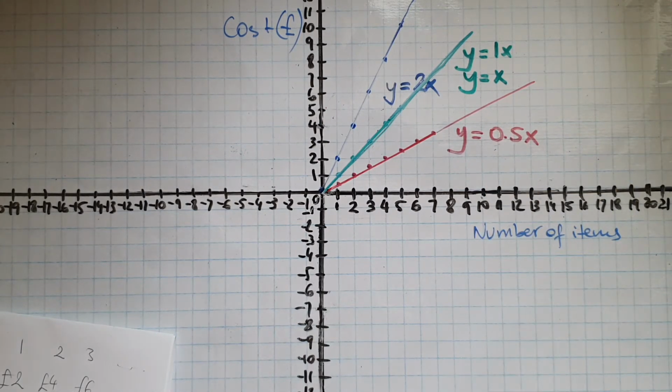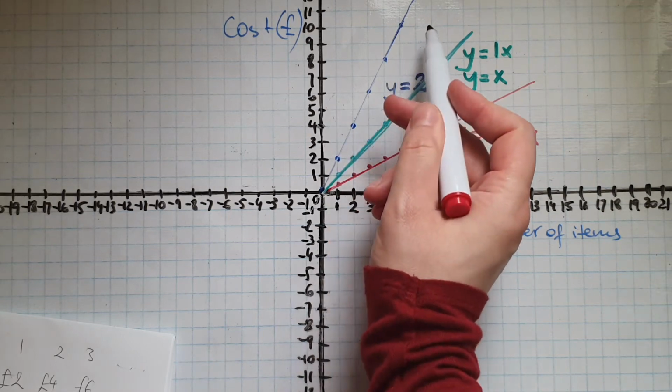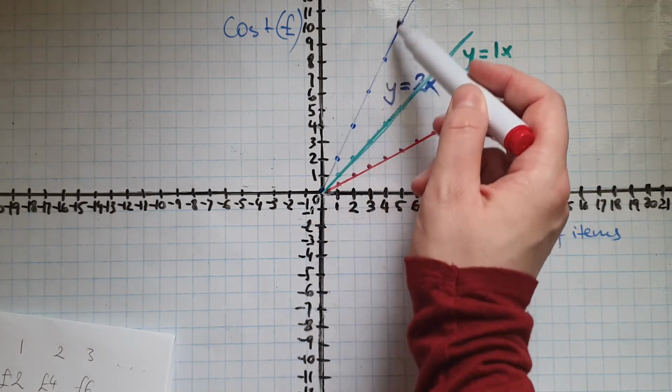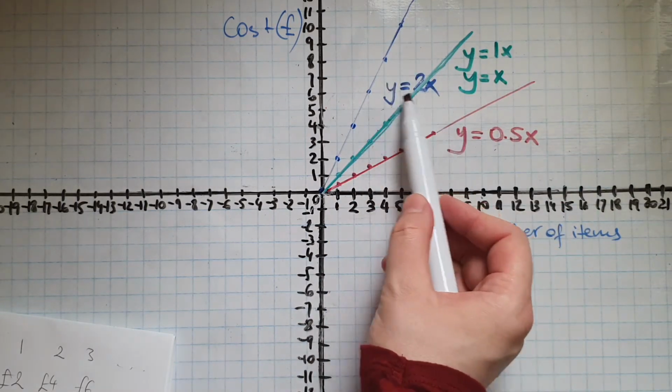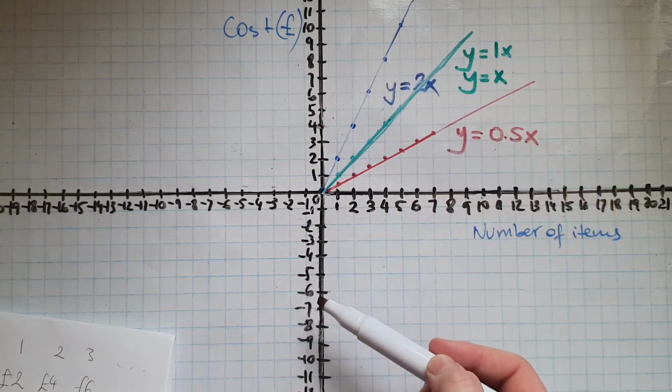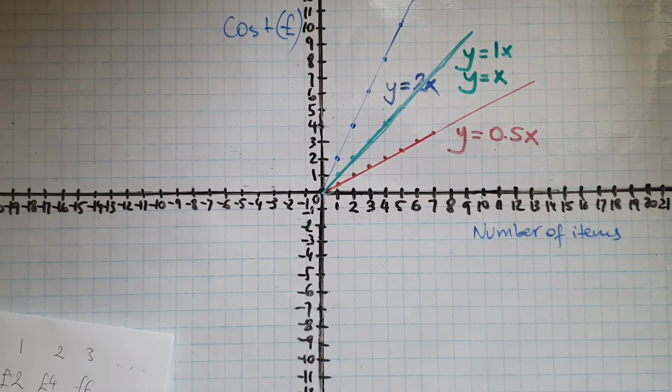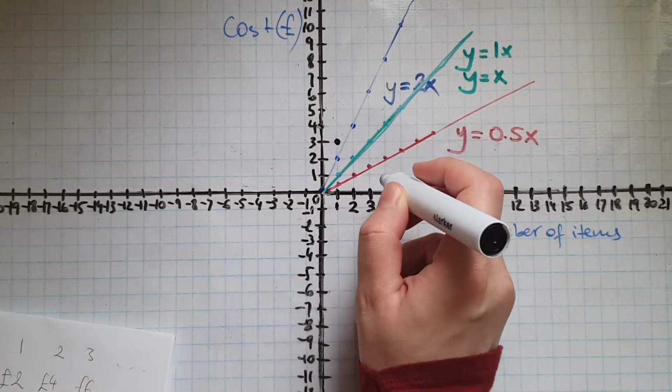£0.50. What do you notice already? That the more you pay, the steeper is the line. Like for £2, the line is steeper. If you pay £3 per item, this is going to be even steeper.